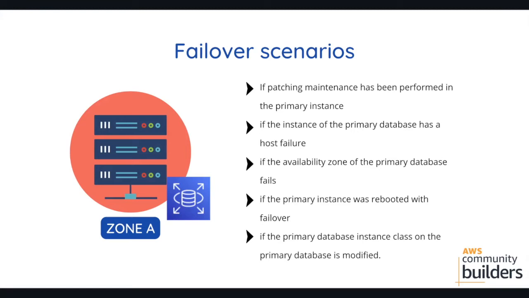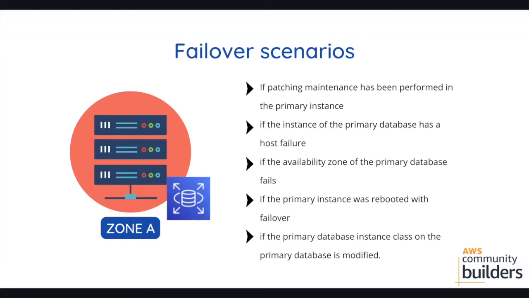Sometimes, as I was mentioning, the DNS pointing can take 60 to 120 seconds. In some rare cases, as per the AWS documentation, it goes up to 120 seconds at most, in the worst scenario. So make a note of that.